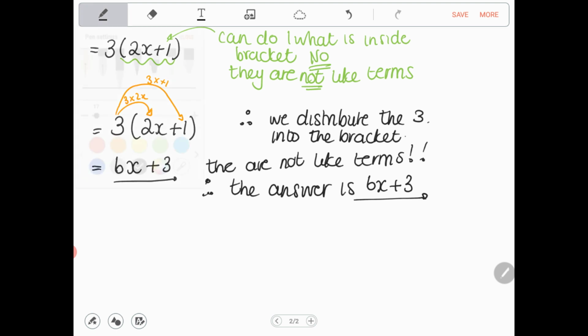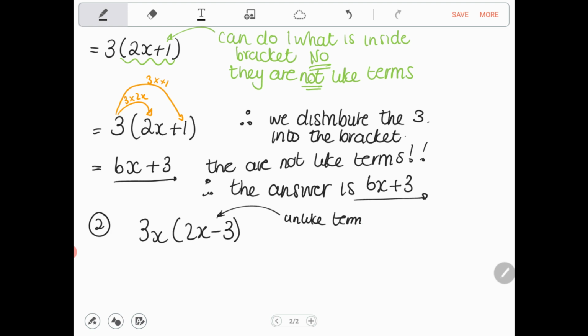All right, let's try some more distributions. Let's try 3x times (2x minus 3). Can I do what's inside? They're unlike terms inside the bracket. Therefore, I've got to distribute.